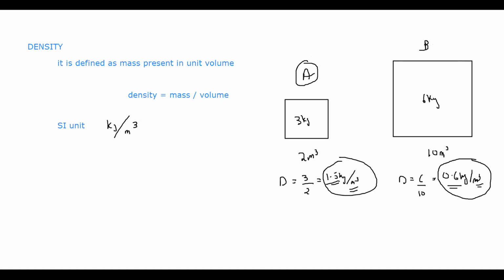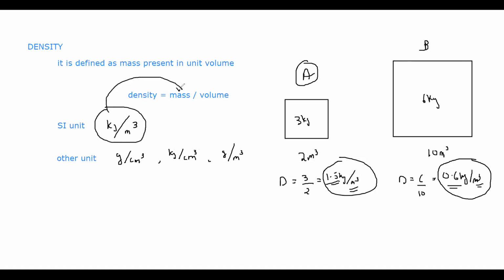And other units can be gram per centimeter cube, it can be kilogram per centimeter cube, or it can be gram per meter cube. But the SI standard, because standard unit of mass is kilogram and standard unit of volume is meter cube, so it should be kilogram per meter cube.